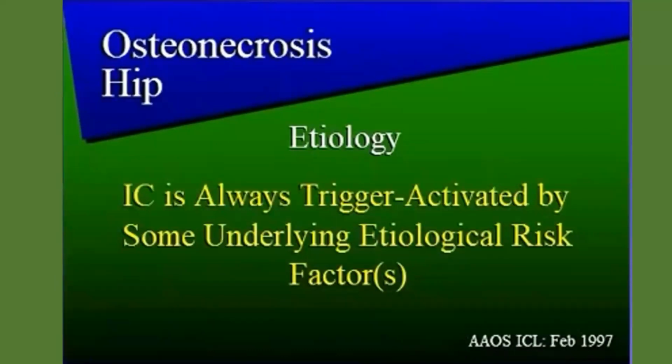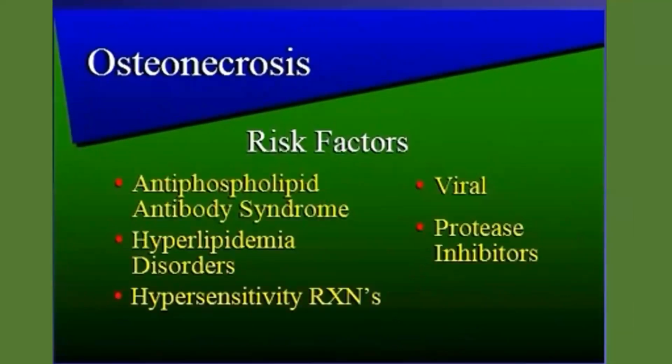So intravascular coagulation is always triggered and activated by some underlying etiological risk factor. We know that the risk factors are antiphospholipid antibody syndrome, hyperlipidemic disorders, and hypersensitivity conditions. Also, some antiviral and protease inhibitors.